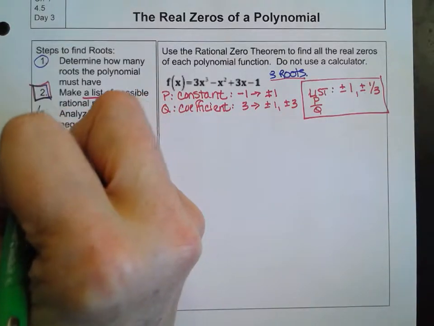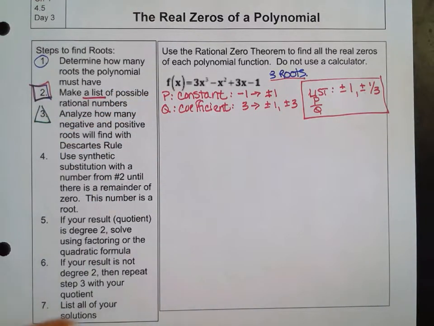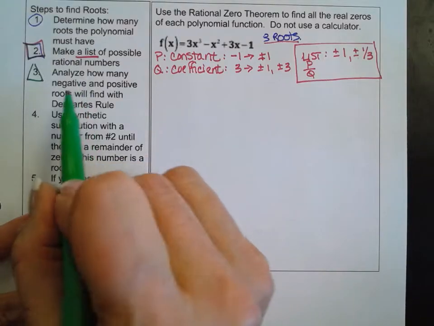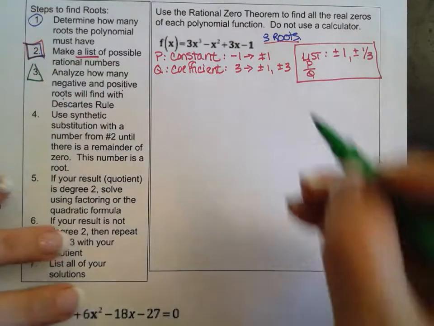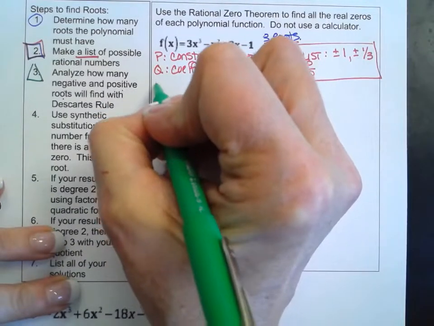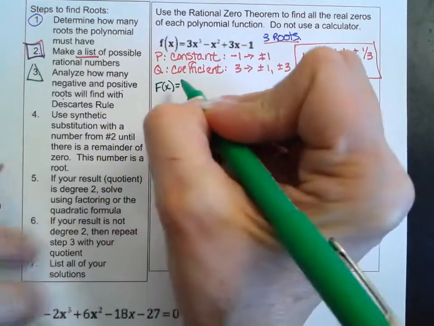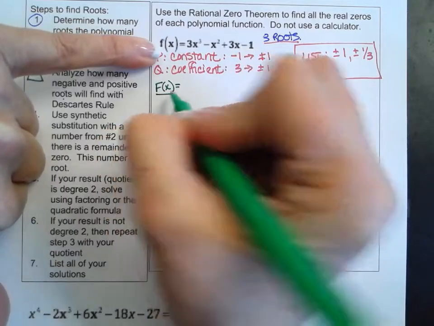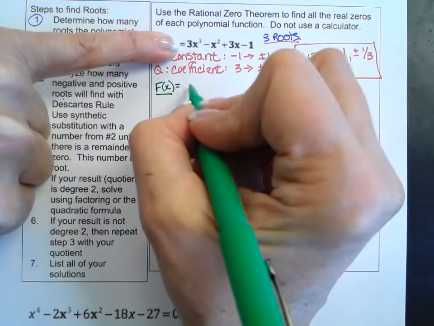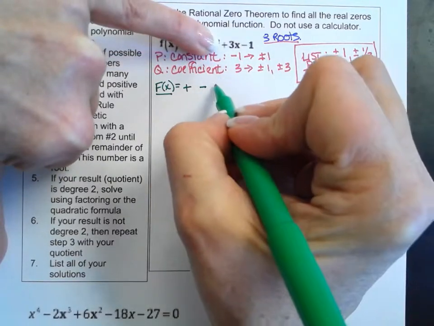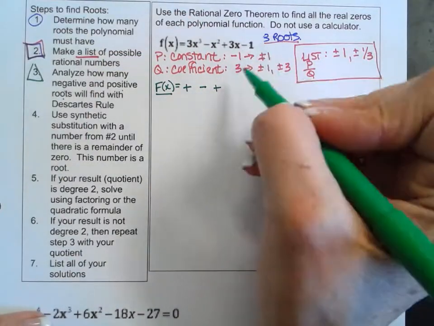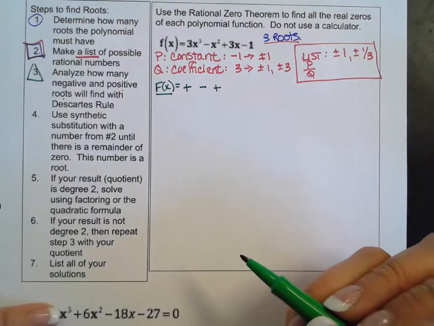All right, another thing to help narrow that list down is to look at how many positive and negative roots I could have. So we look at the signs at a regular x, and so that one's positive, that sign's negative, and that sign's positive. We don't look at the constant, we don't care about that.